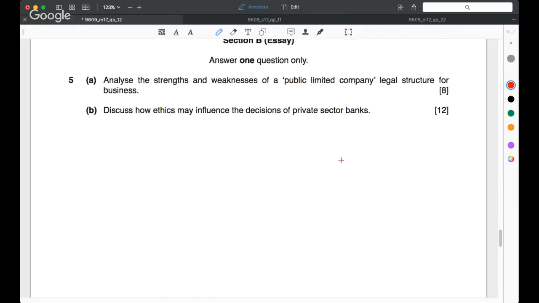So looking at how ethics could be influenced by a private bank is understanding that the business ethics may not apply to the environment, for example. The morality, the rights and wrongs of the business as perceived by the stakeholders.